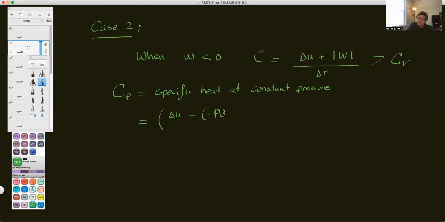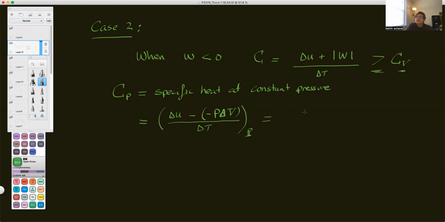So now I'm being a little bit more general. Up here, we were just trying to make a point about the fact that it's greater than CV. Now I'm writing down the general formula for work, and then over delta T. And this makes sure that I know this is at constant P.